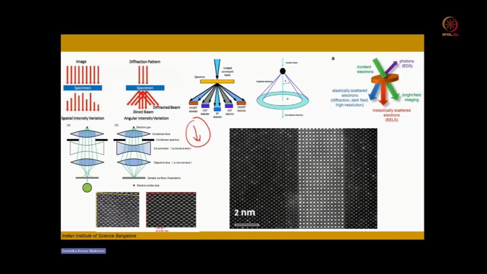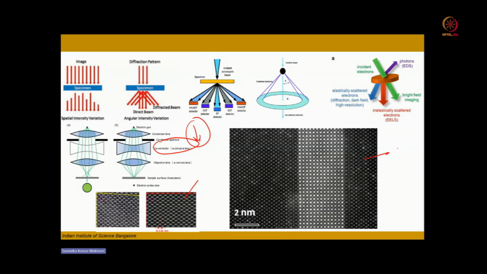But the spherical aberration can be corrected by using special types of Cs correctors. These Cs correctors are used for correcting the spherical aberration, so that your probe size becomes almost near to the lattice spacing of any material, so that you can get atomic resolution.